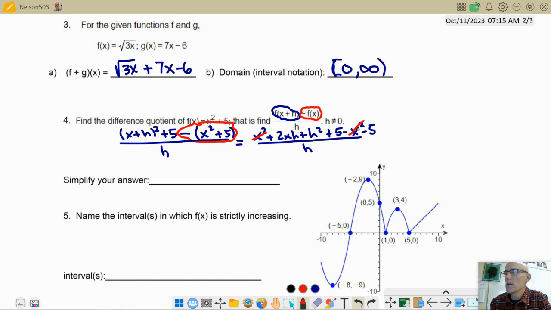So x squared minus x squared is 0, minus 5 plus 5 is 0, right? And now we have just terms with h's in them, so the h is going to divide into each of them, and we're down to 2x, because these h's go to 1, and h squared divided by h is h. So 2x plus h.